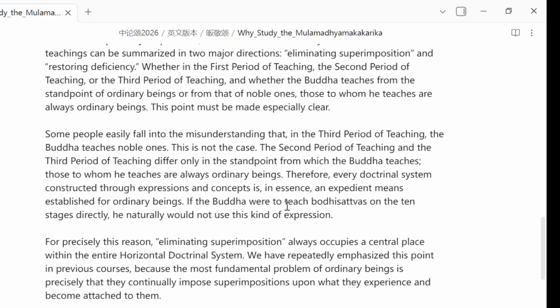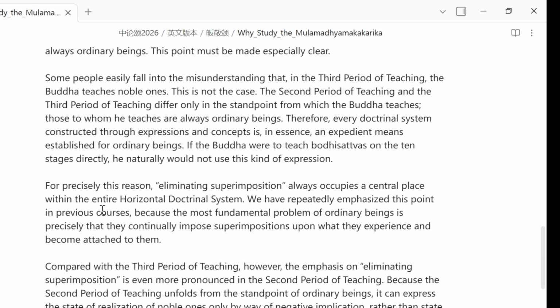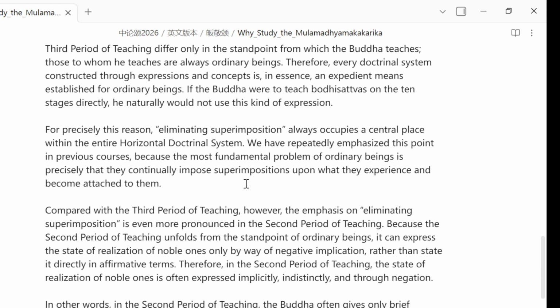If the Buddha were to teach bodhisattvas on the 10th stage directly, he naturally would not use this kind of expression. For precisely this reason, eliminating superimposition always occupies a central place within the entire horizontal doctrinal system.